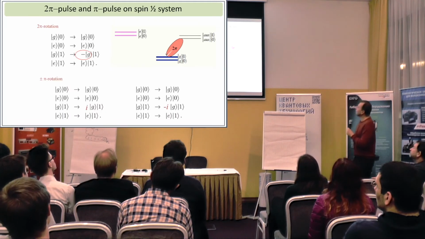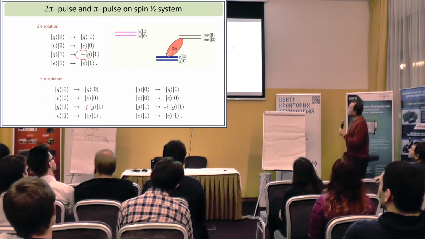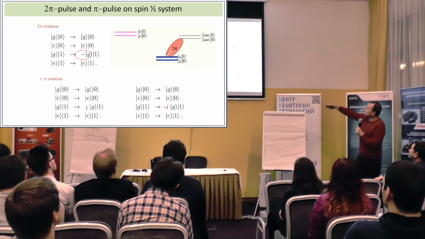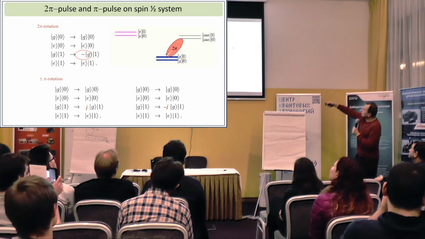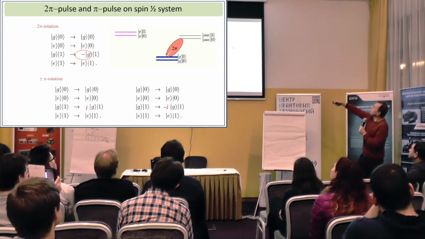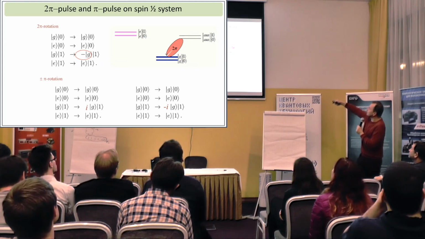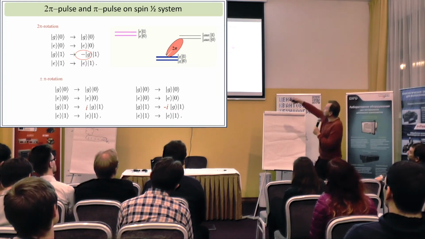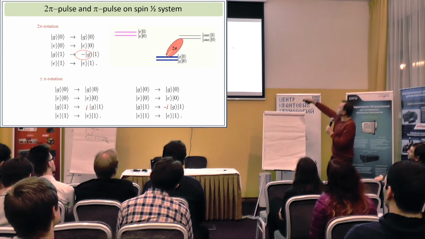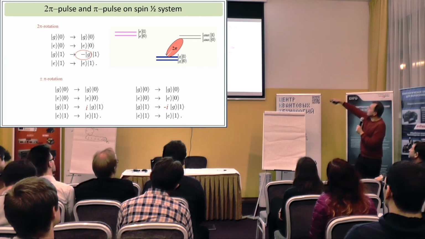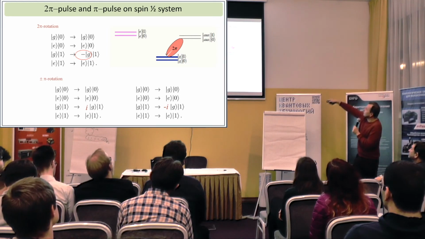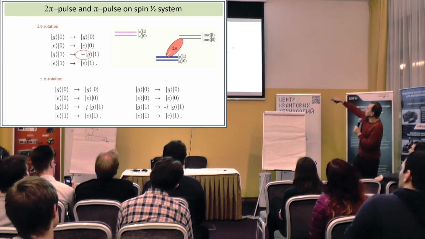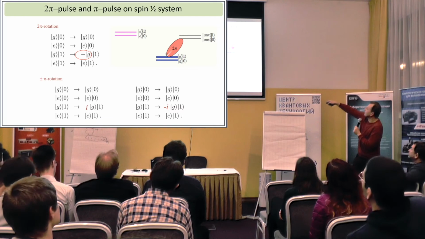This can be explained in different ways, but from Wikipedia you can see these expressions. It's easy. Which means that if we take a system which consists of ground state, excited state, and vibrational state, the right part being the vibrational state of our system, and apply a 2π pulse, we will get a minus at this part, because if we have some population in this state, it will gain the sign minus.